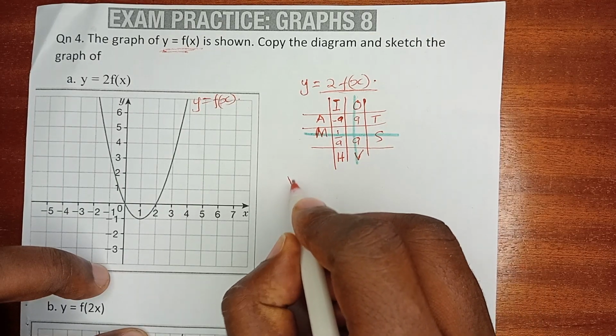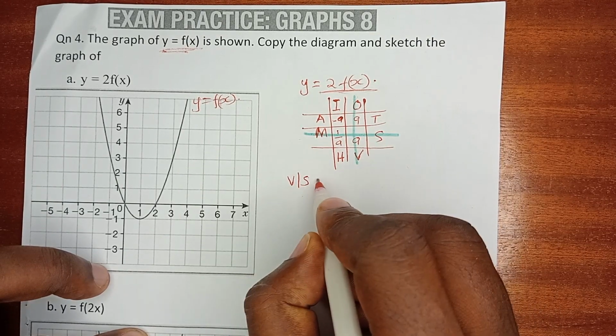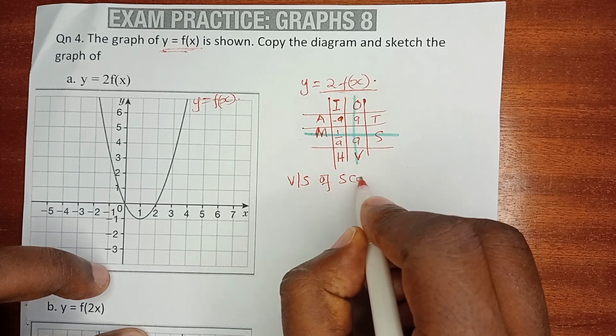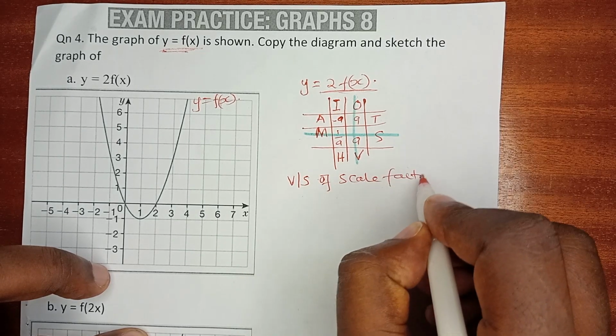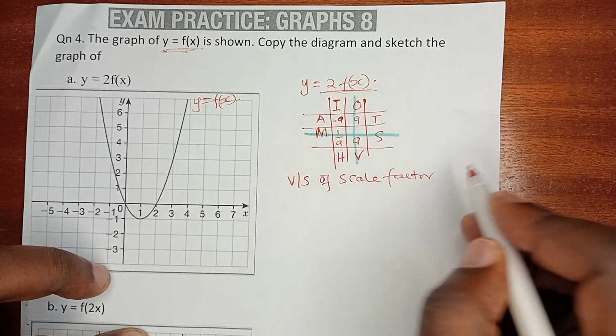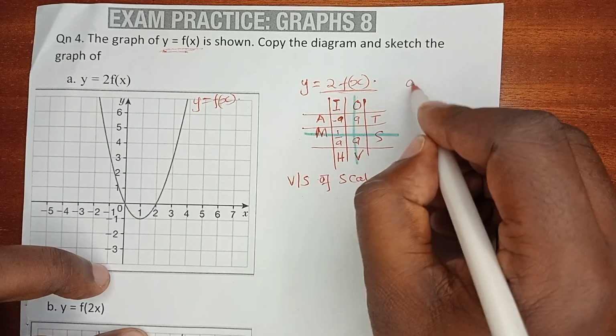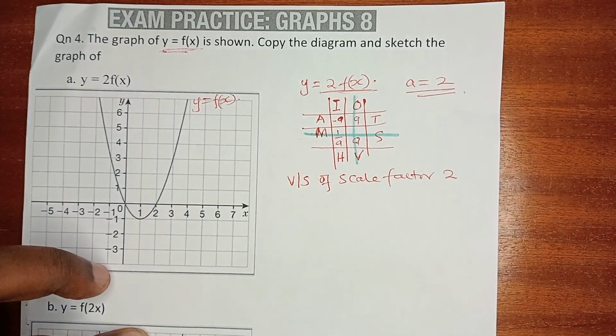This one is a vertical stretch of scale factor a, which is 2. In this case, our a is 2 for that matter. Vertical stretch of scale factor 2.